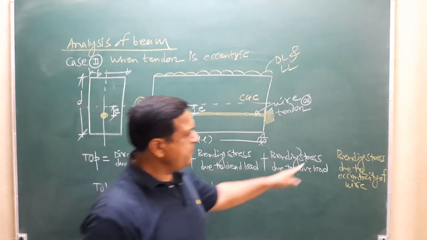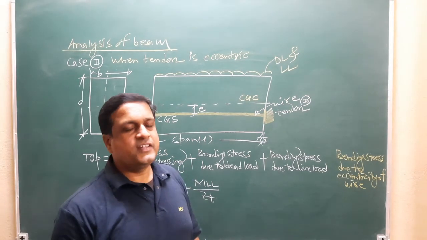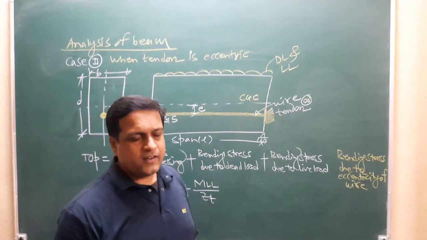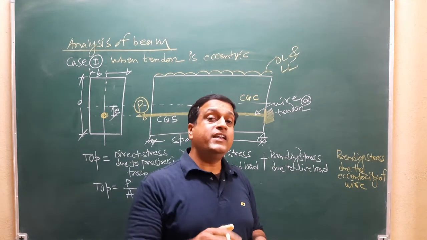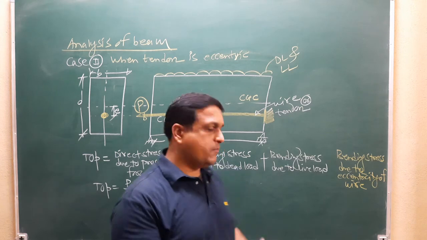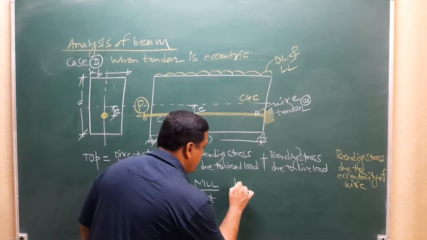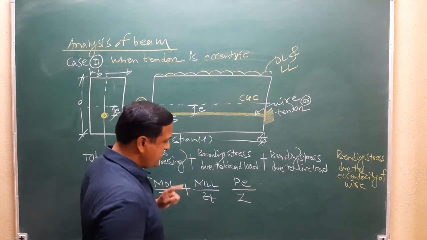Now what is the bending stress developed due to eccentricity of wire? Due to this eccentricity, the moment developed is P into E. So the bending stress is P into E divided by Z, M by Z, same thing.